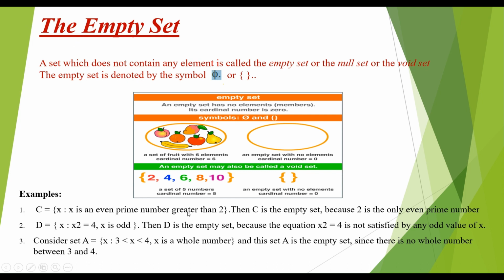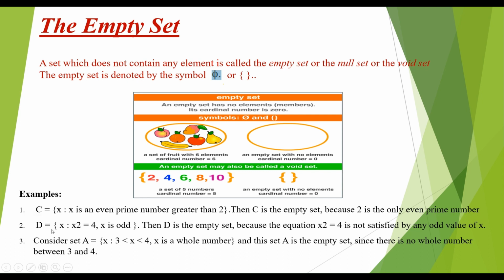They are asking for an even prime number greater than 2. There is no even prime number greater than 2, so the set will have 0 elements. So we call C the empty set, because 2 is the only even prime number.